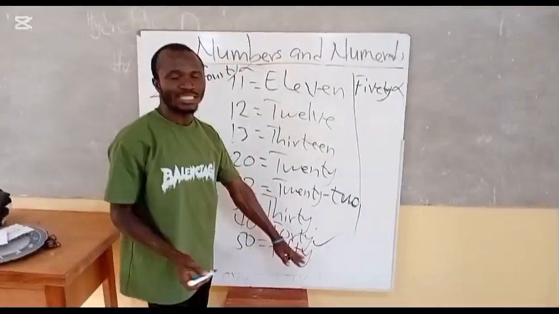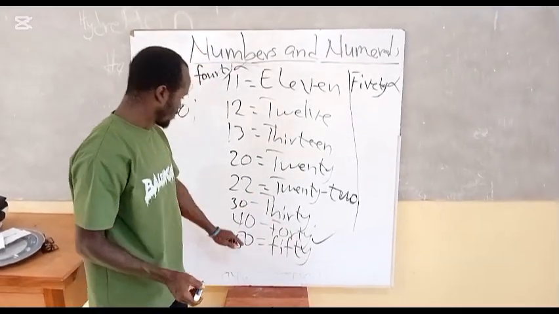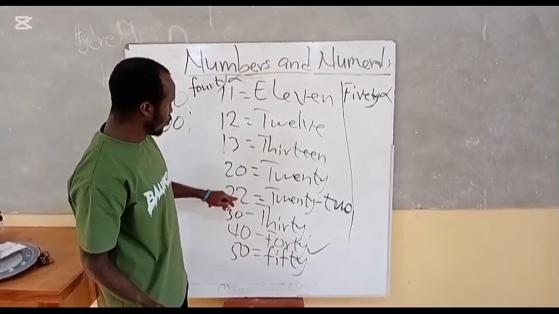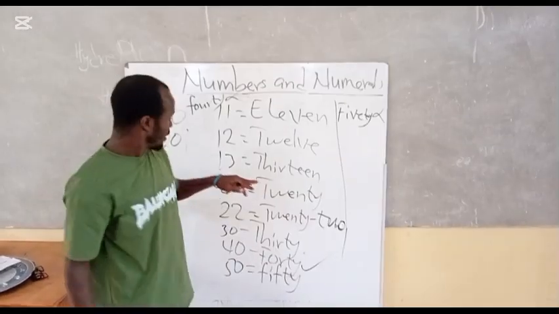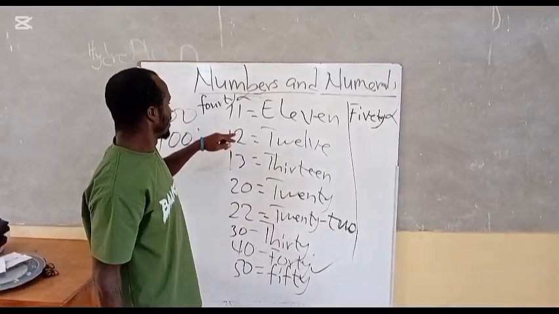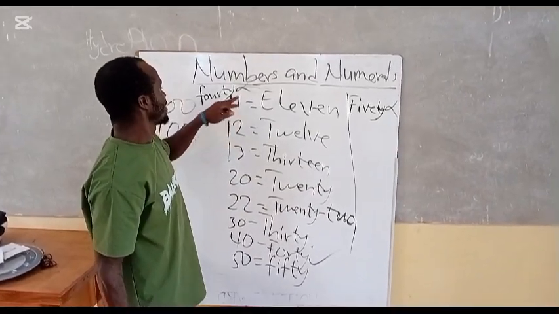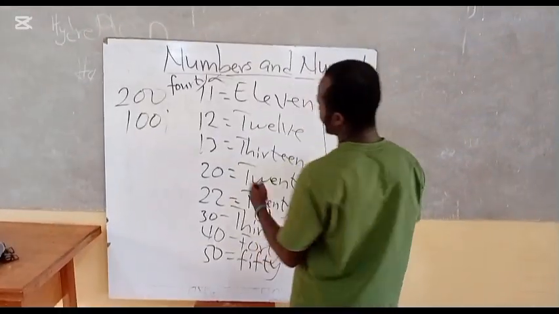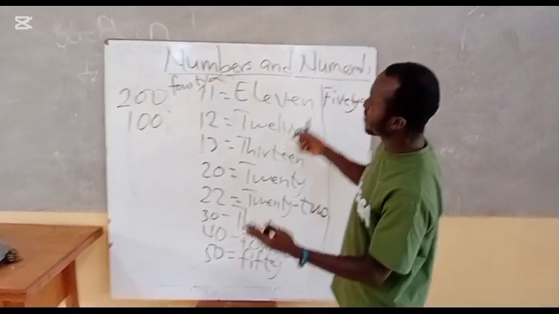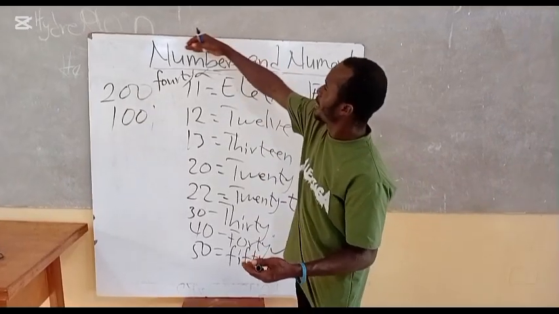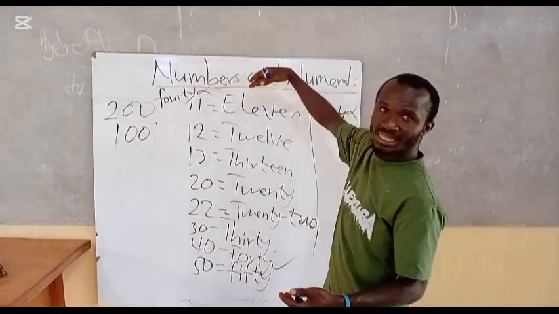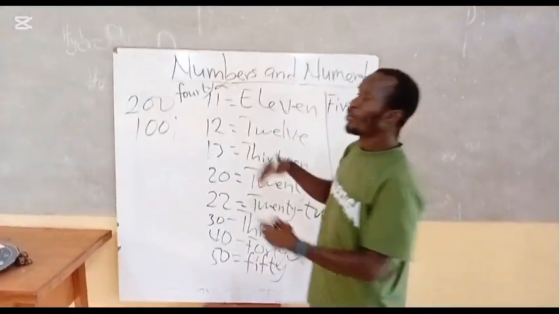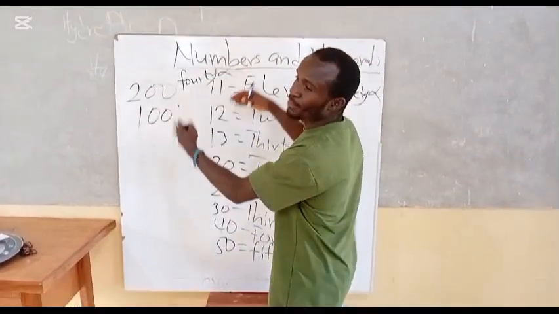This is the correct writing of the number names of 50, 40, 30, 22, 20, 13, 12, and 11. So this is what we look at today. So we are writing the number names. First, we look at the meaning of numbers, the meaning of numerals, and the numbers that we have in mathematics or in the world.